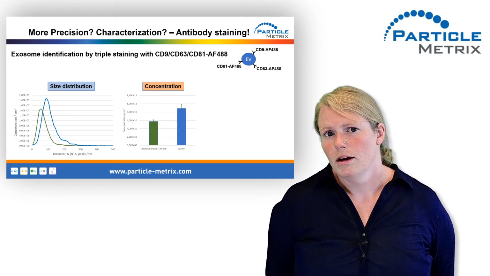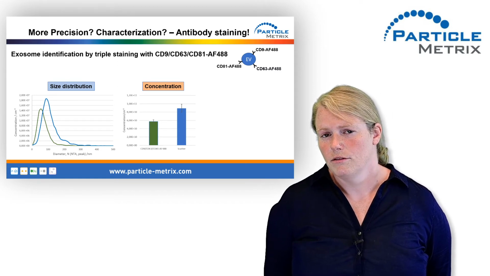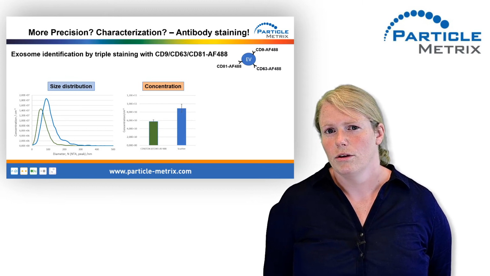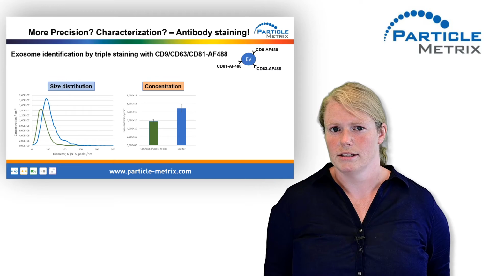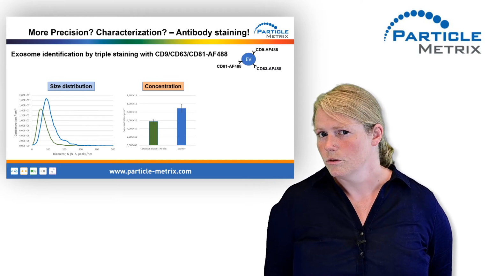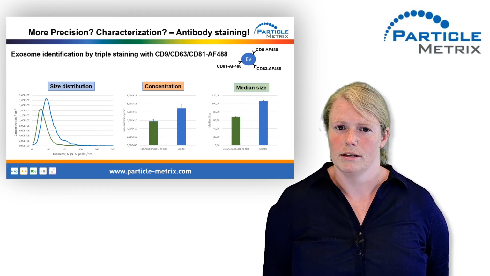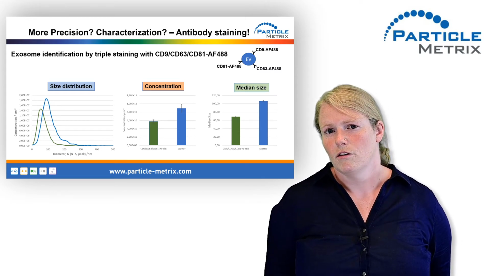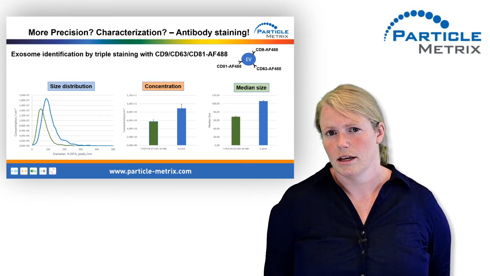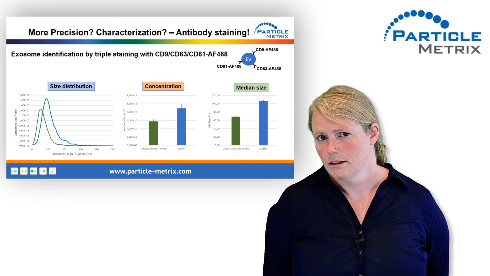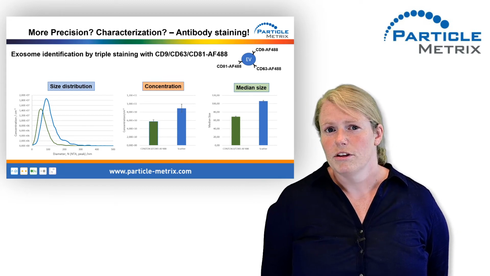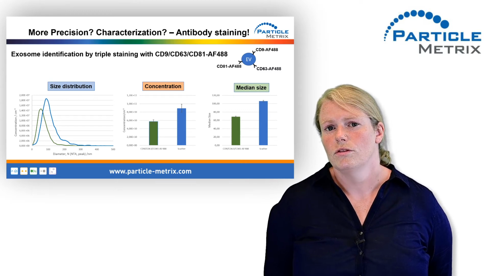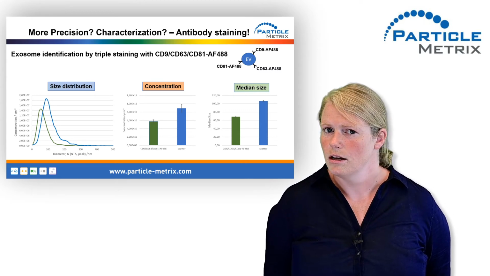If we remember our finding from the last slide that 15% of all particles didn't have a membrane, we can assume that 30% of the membranous particles present in this standard are no exosomes. If we have a look at the median size, you can see that the influence of this 45% of particles which are not of our interest has a great influence on the result. Summing up this slide, I hope that you agree that if you want to have reliable NTA results, you should use the fluorescent channel and not the scatter channel alone.